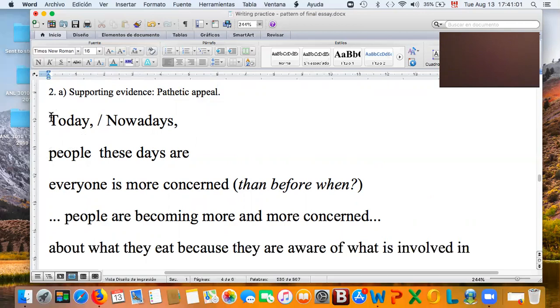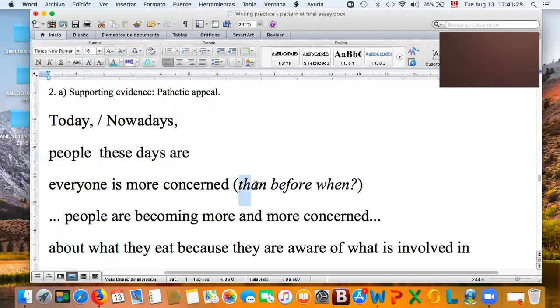What she's done is she's talked about what is typically true in the current period: nowadays, people these days, or everyone is more concerned. That's what she said, and then she left it at that. More concerned about what they eat. That was her original sentence.